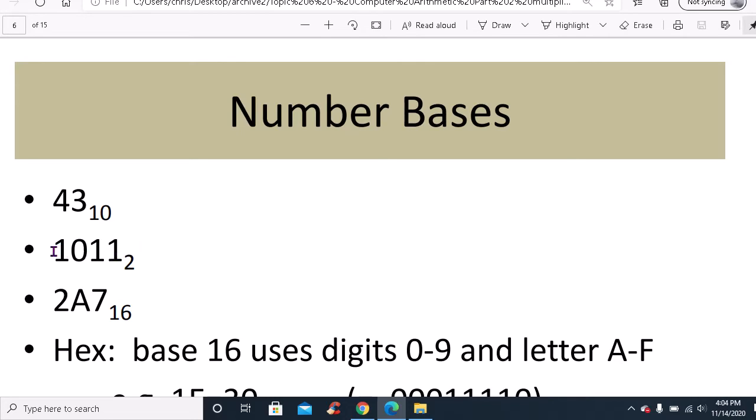Just as this binary number is actually equivalent to 1 times 2 raised to the power of 0, 1 times 2 raised to the power of 1, plus 0 times 2 raised to the power of 2, plus 1 times 2 raised to the power of 3, 8.